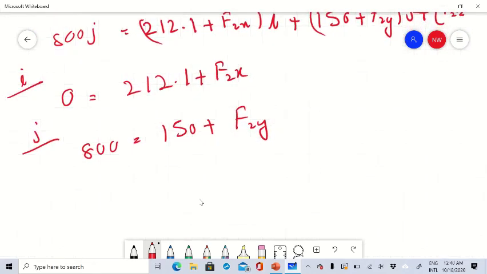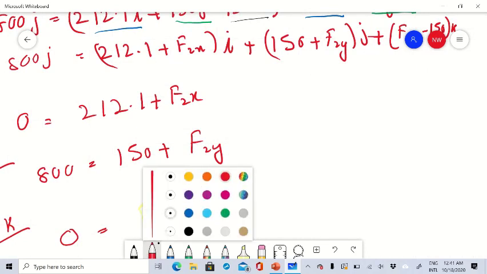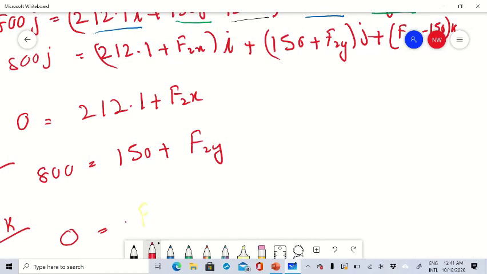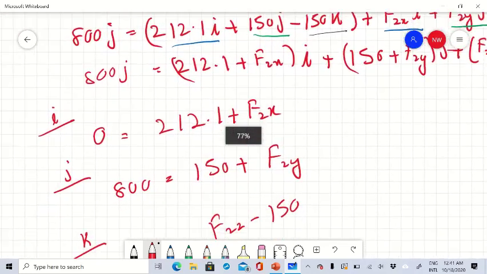So if I compare the k terms, then here no k terms, which means value of the k terms in the left hand side is 0, right? Which is equal to F2z minus 150, right? So why is it like this?